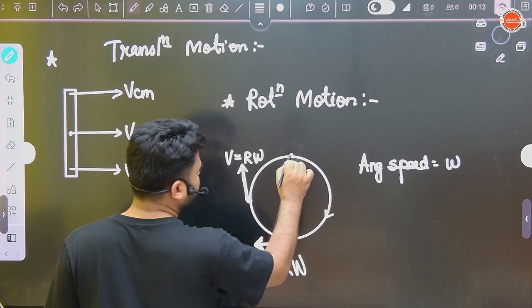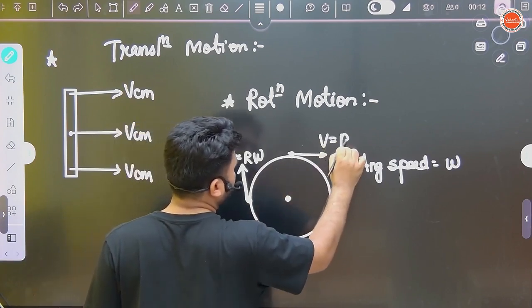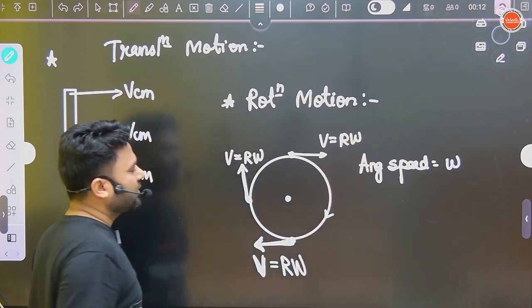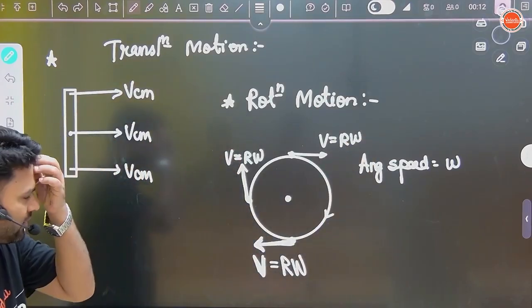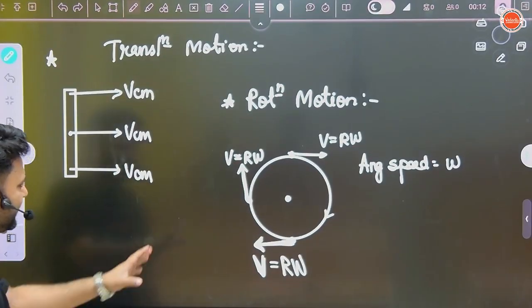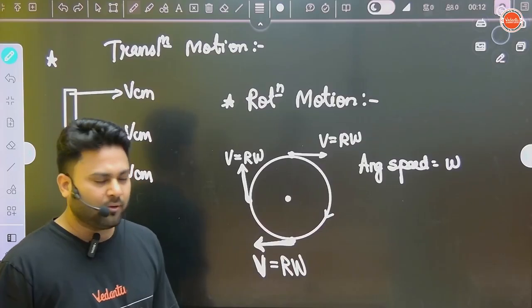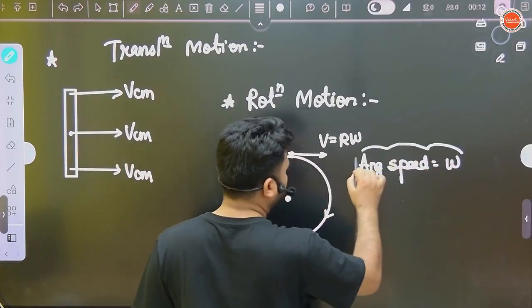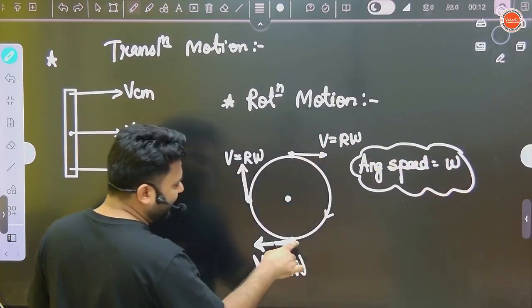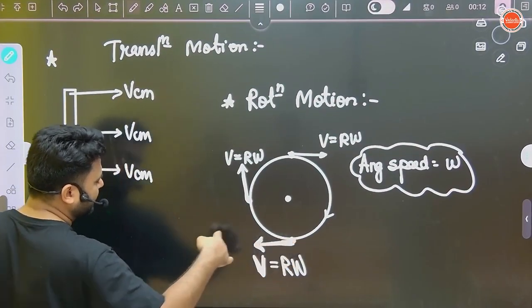Here, if someone asks, V equals R omega, correct? So these things you should remember: if some object is rotating with omega, that is the angular speed. If someone asks what is the linear speed, linear speed is always tangential to the point.